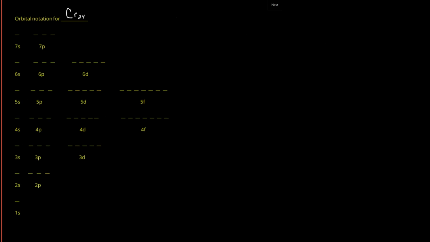On a lot of tests, especially standardized tests, they like to include some exceptions. So let me show you 2 exceptions. One is chromium. Chromium has 24 electrons. Okay, chromium is located within 3D. All right, so let's go through.